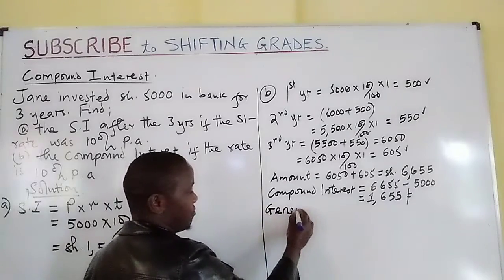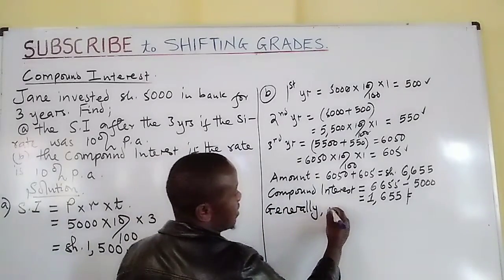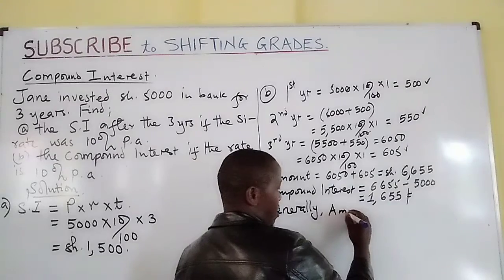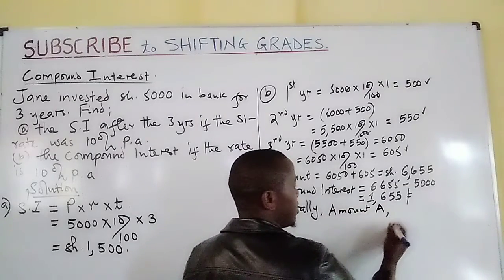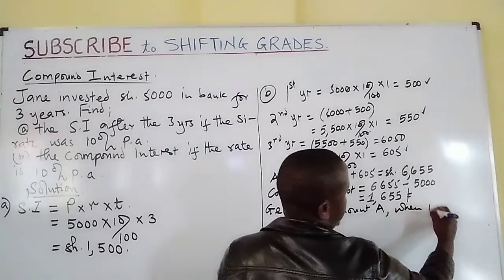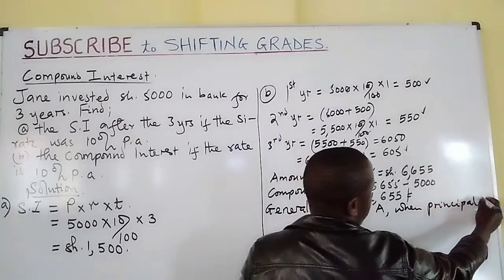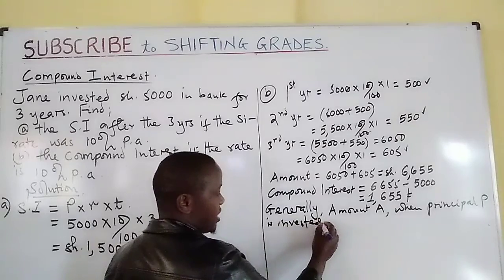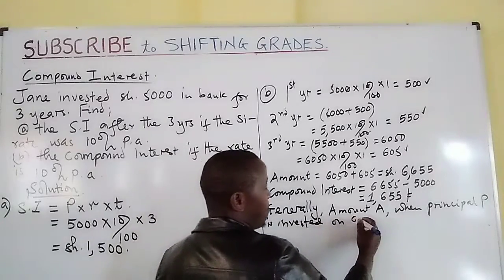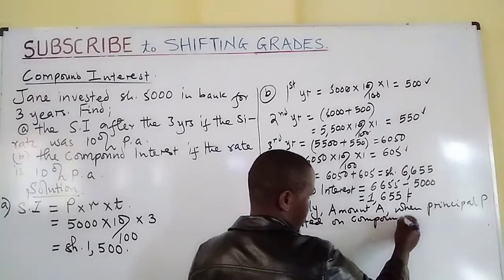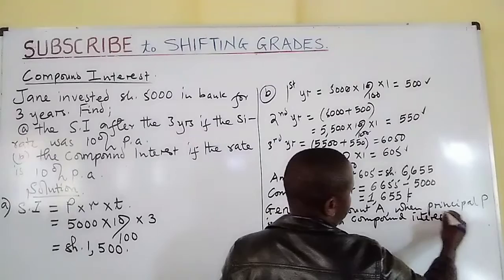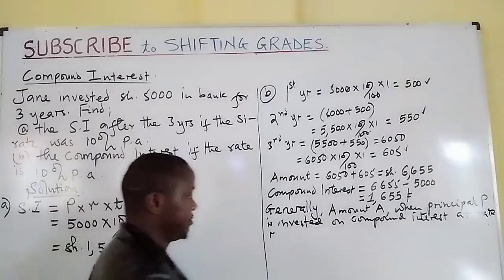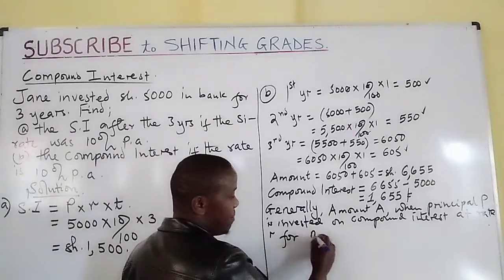Actually say that generally, the amount A, principal P is invested, deposited or borrowed on compound interest rates at rate R for n periods.